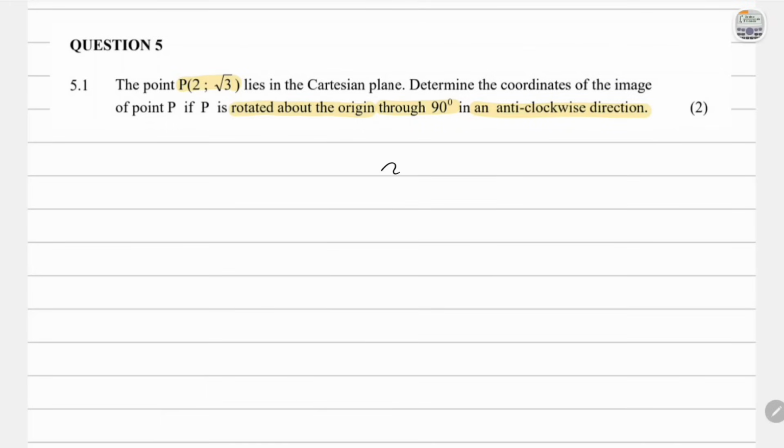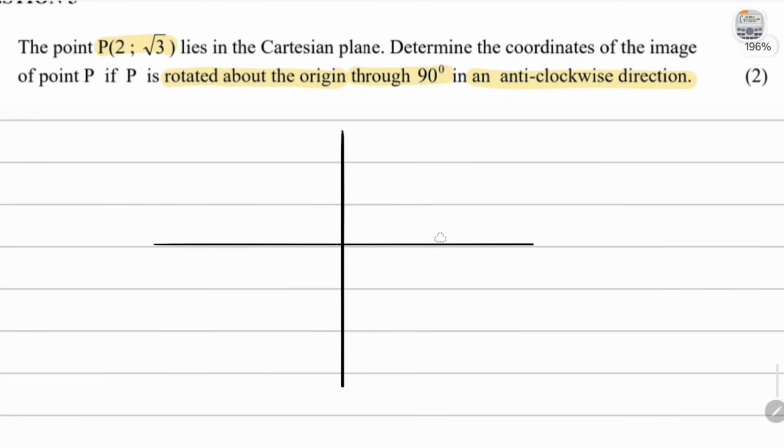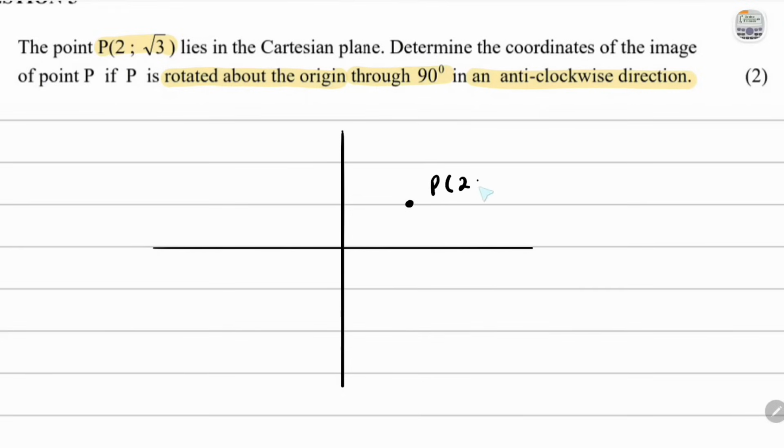Okay, so we have a Cartesian plane first, and then we have this point P, which is 2 and the square root of 3. So we know that 2 is greater than root 3, so the length would be longer than the height. So let's just say somewhere over here, that is where we have 2 and the square root of 3.